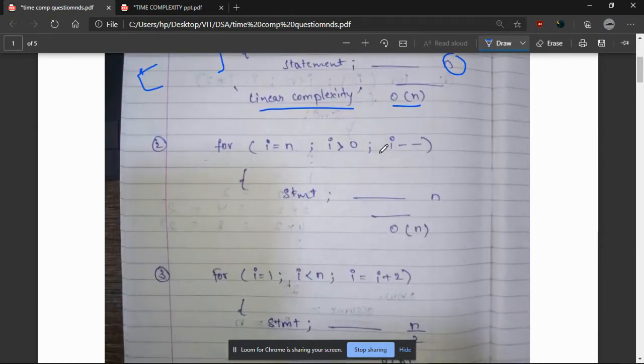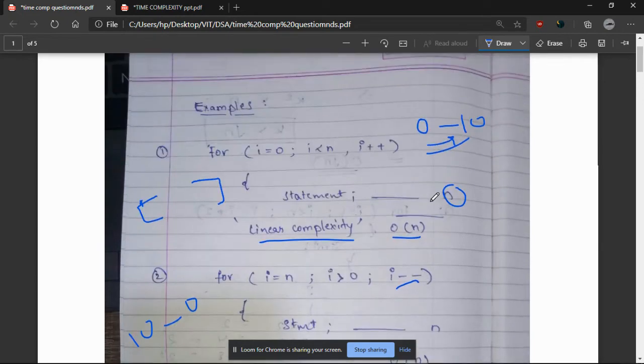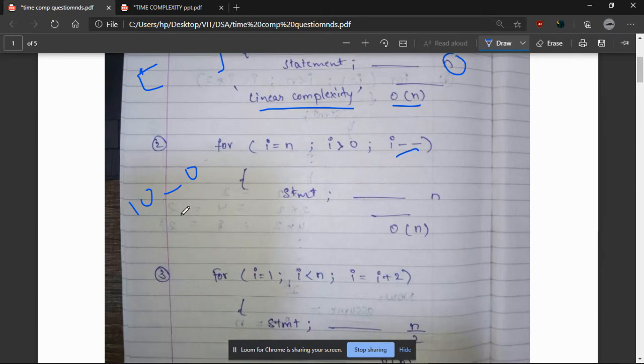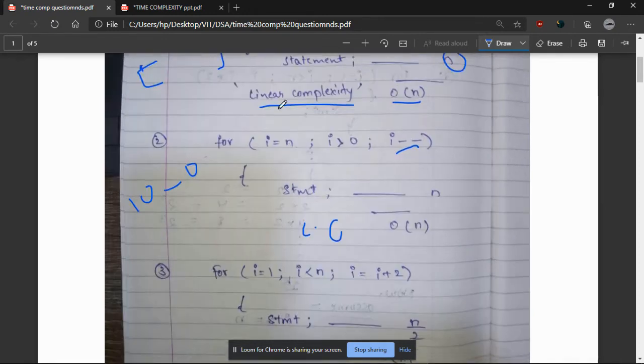And similarly, we take i minus minus, which is decrementing, which means it is going from 10 to 0. But whether we go 0 to 10 or 10 to 0, it performs the same number of steps. Step numbers are the same. So here also we will get linear complexity. Nothing different. Both are the same.